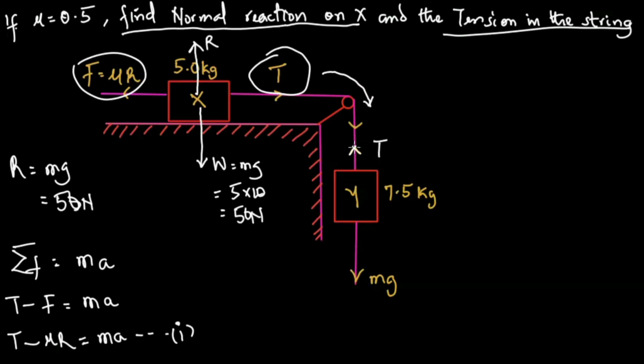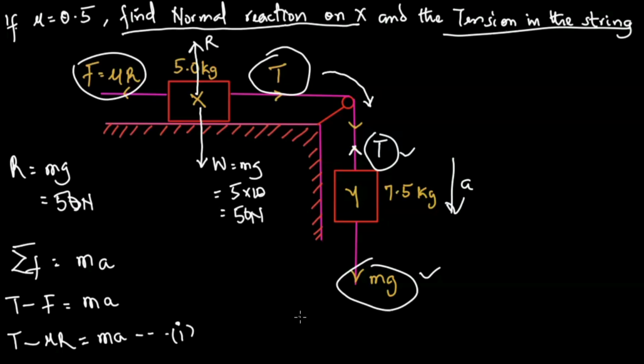The tension will act upwards as the weight acts downwards. Because the body is moving downwards, the weight will be more than the tension. The acceleration is in this direction, so the weight of this block has to be more than the tension, or else it will not move downwards.